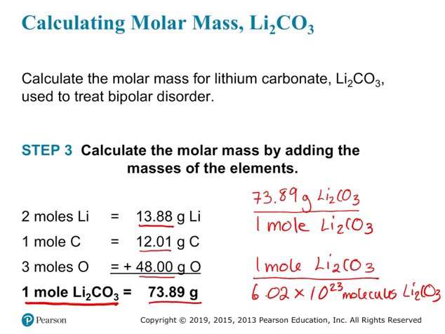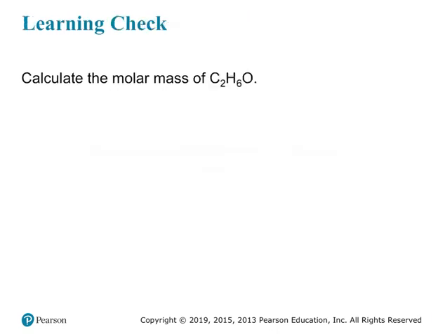So now we have all of these tools that we can use to figure out how much of something we have. And that's going to be really important when we start looking at reactions and how much of a product we expect to form. Let's do one more learning check. Let's calculate the molar mass of C2H6O, which is ethanol.